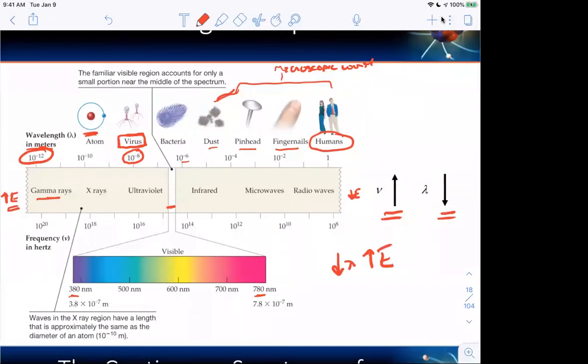Waves in the X-ray region have a length about the diameter of an atom, which is why, when I study light, especially X-ray radiation, since they're comparable sizes, that gives me a lot of information about these atoms.